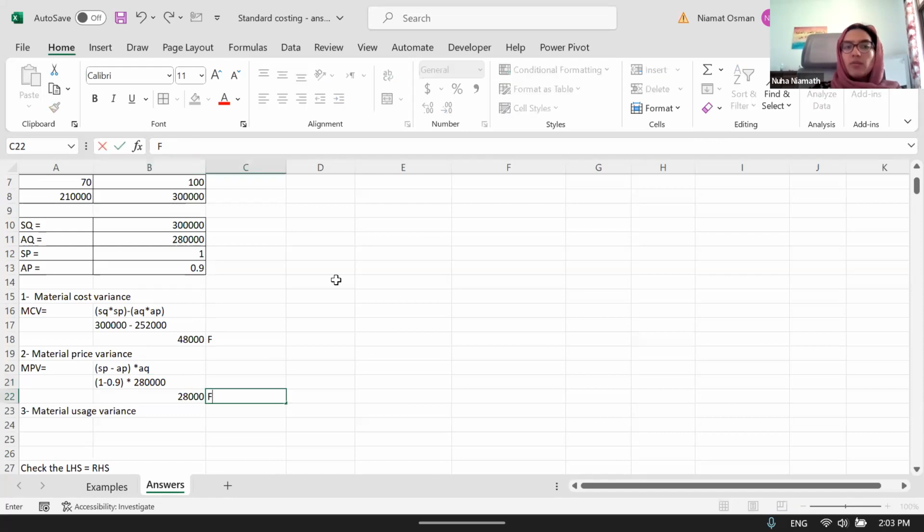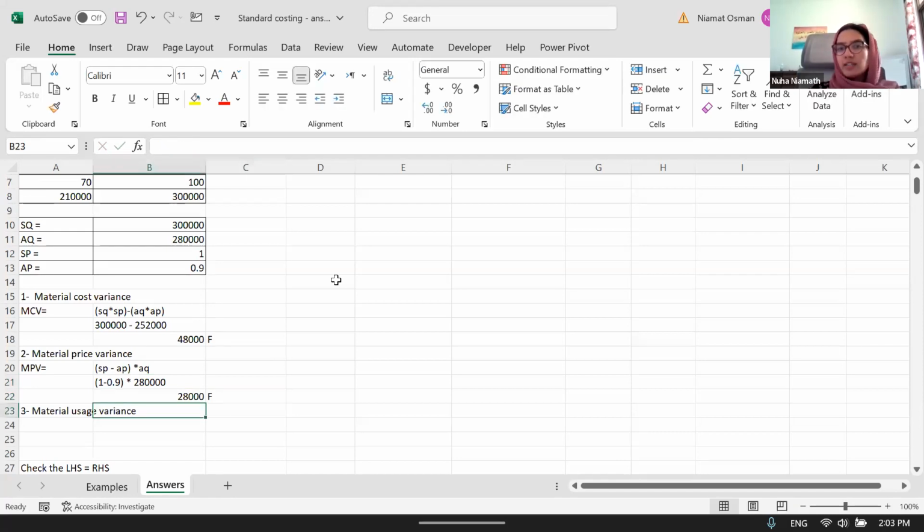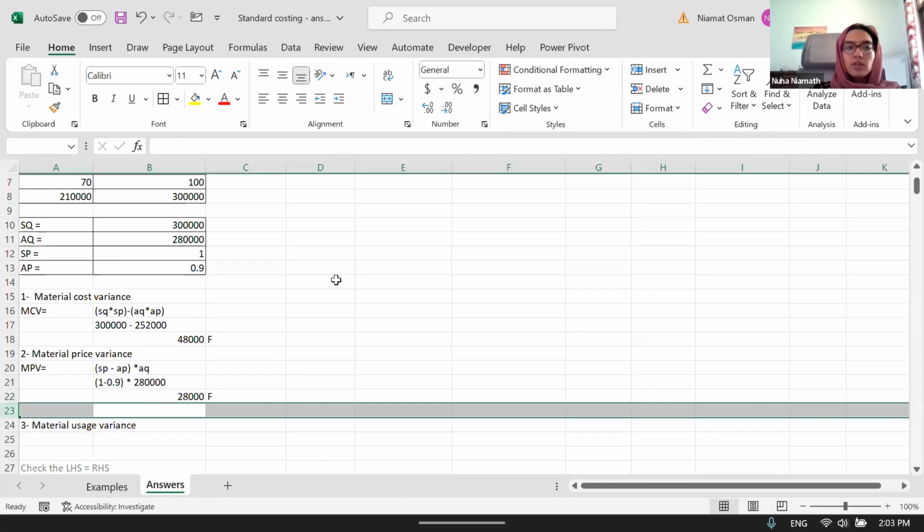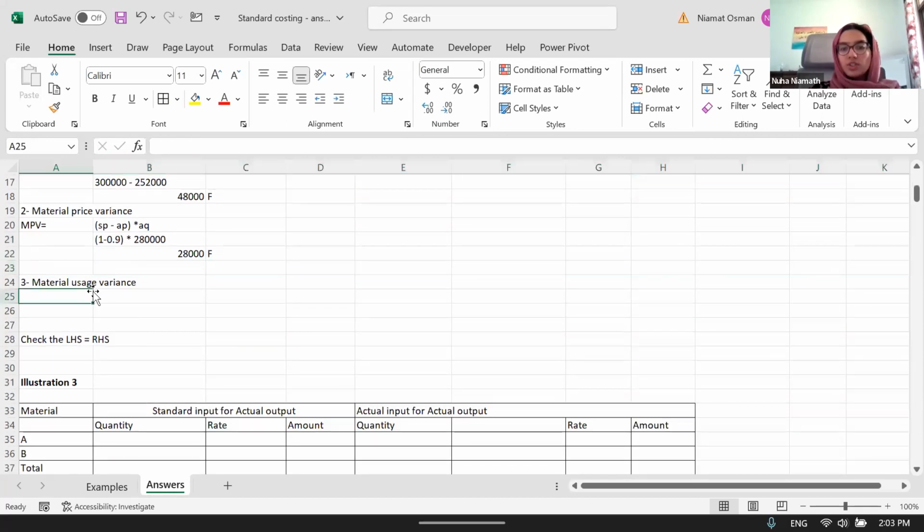Perfect. Why favorable? Because I have spent lesser. My actual price is lesser. Now, material usage variance. What's the formula? Usage. SQSP minus AQSP.